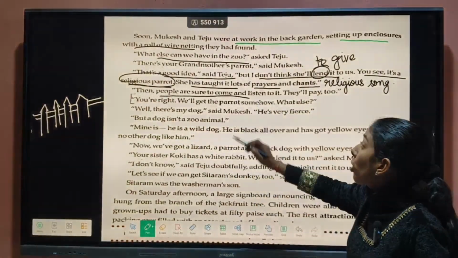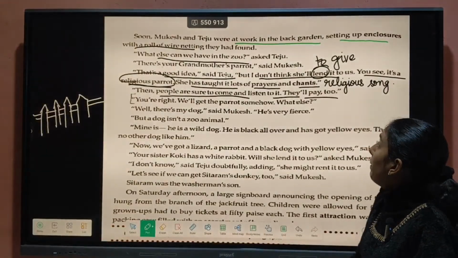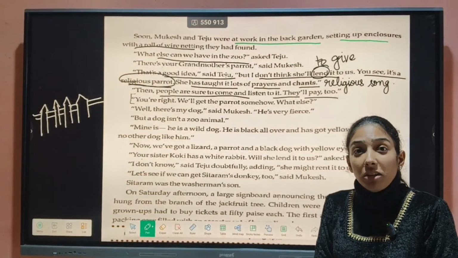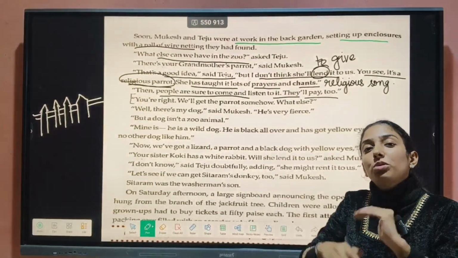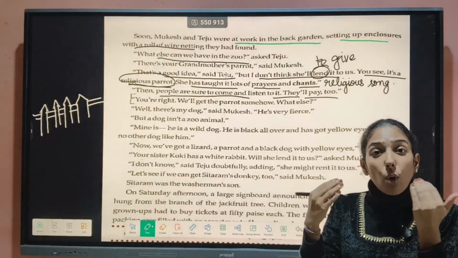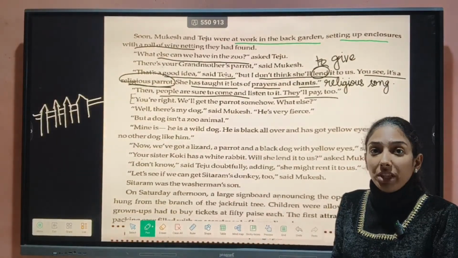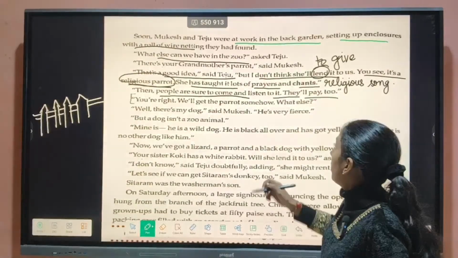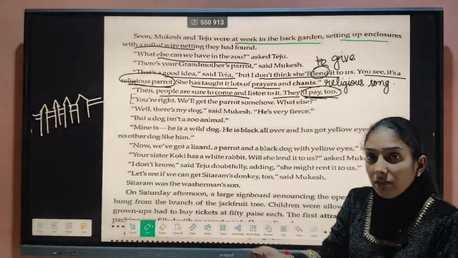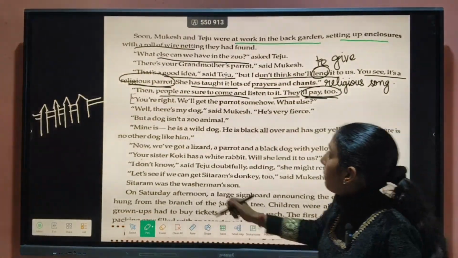Then people are sure to come and listen to it. They'll pay too. Now they are saying that if we will add this religious parrot in our zoo, our zoo will become more famous. Lot of people are going to come there to see that a parrot can speak a lot of prayers. Okay, and they will pay for it. They'll give us money for it.